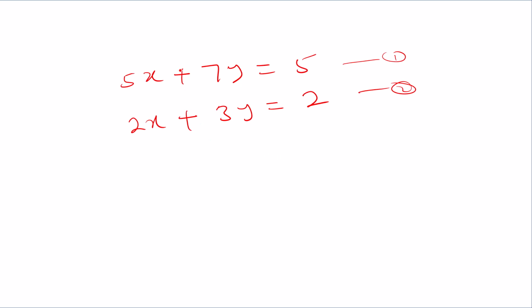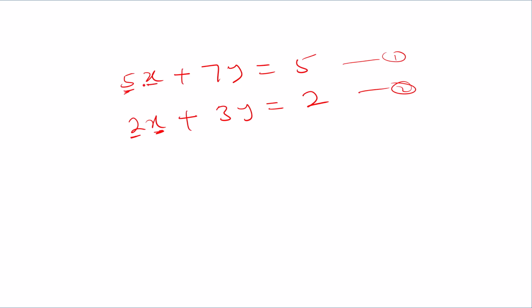The first thing to do is to check the coefficients. If I want to eradicate x from the equations, I check the coefficient of x: 5 from equation 1 and 2 from equation 2. Since 5 and 2 are not the same, there is no way we can eliminate x yet.